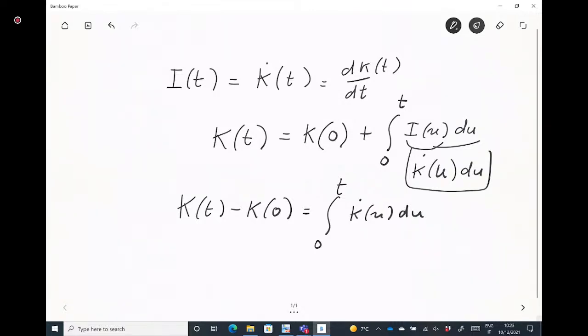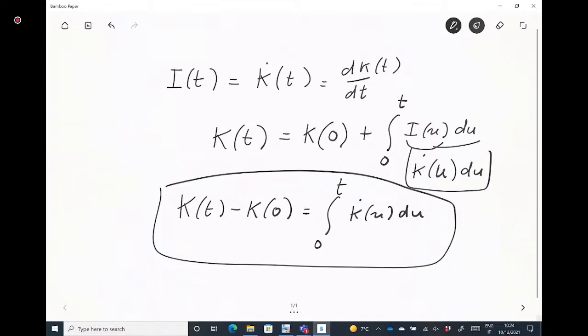calculus, okay? So what is the definite integral between 0 and t of some integrand? It is the value of a primitive at the upper limit of integration minus the value of the primitive at the lower limit of integration, okay? So writing in this way is just the fundamental theorem of calculus, nothing more.